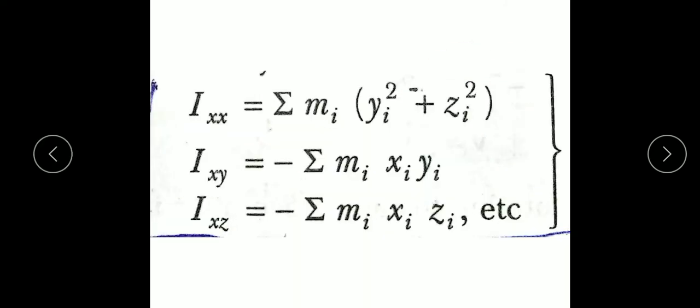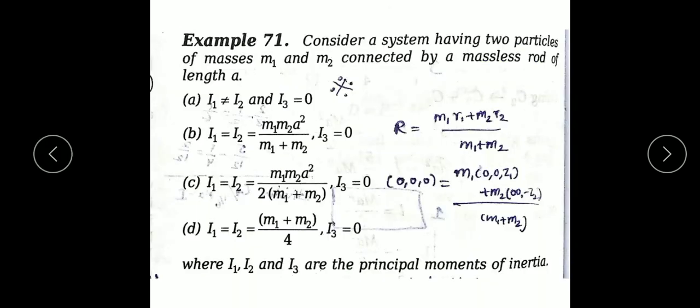And since O is the center of mass point, based on that we would have this. Actually, the formula for center of mass point is R equals m1 r1 plus m2 r2 by m1 plus m2. So this is the formula. As we already know, the center of mass point here is 0, that is origin.